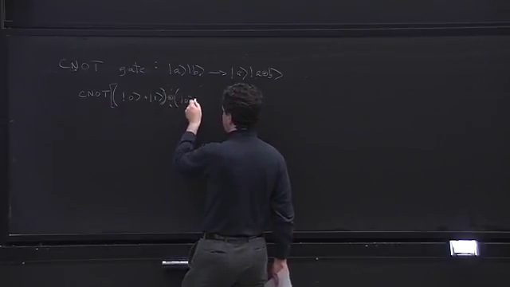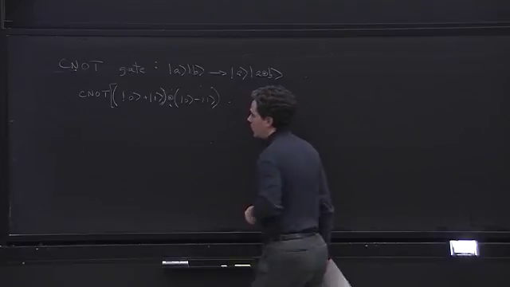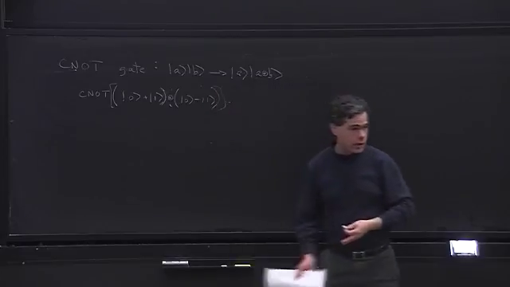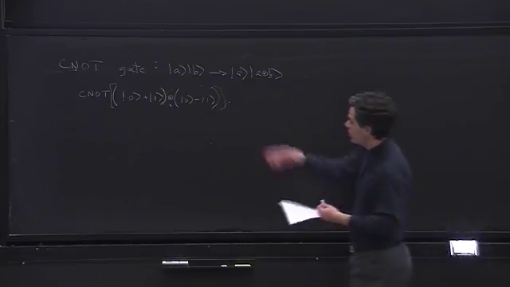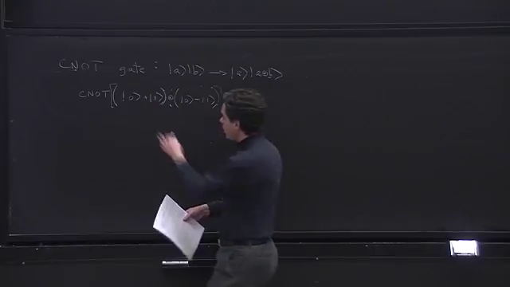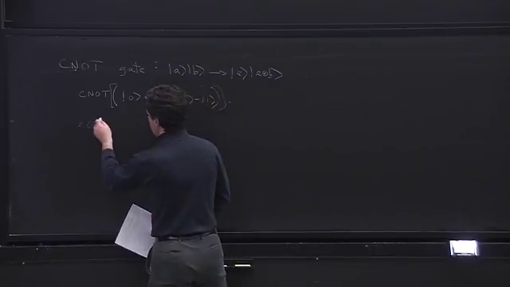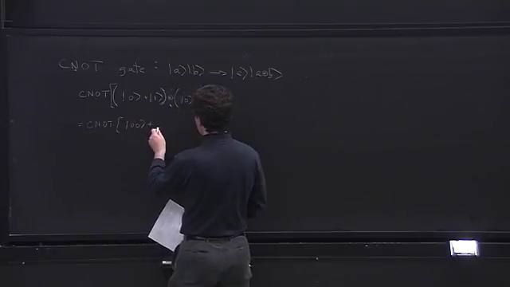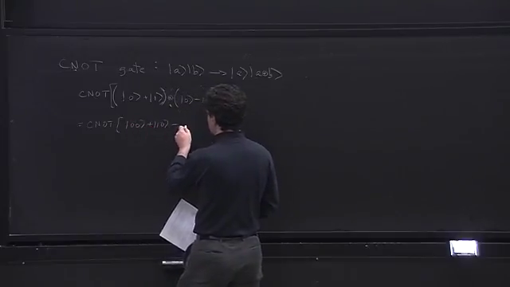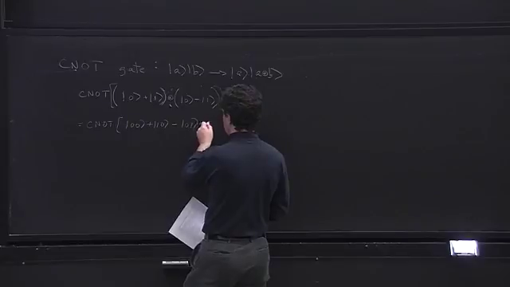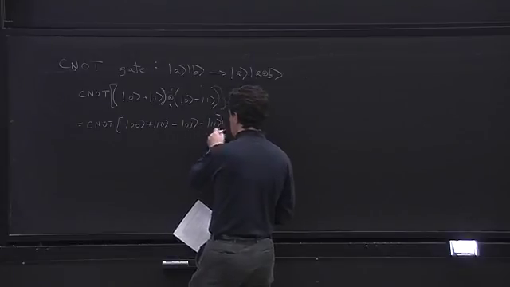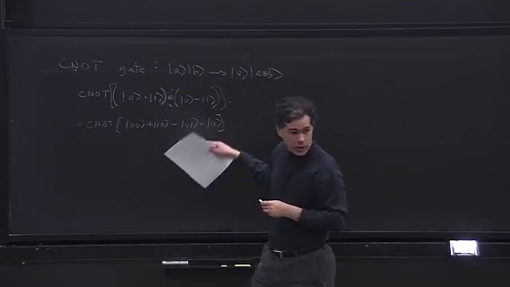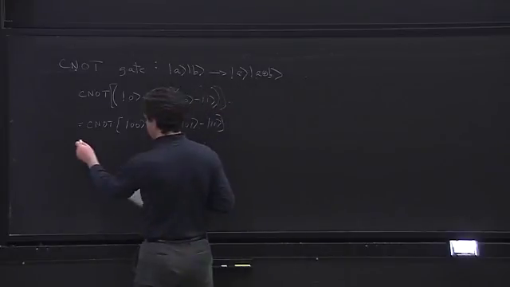tensor 0 minus 1. Okay, so let's calculate what happens if you do this. Well, we can expand this as 0, 0 plus 1, 0 minus 0, 1 minus 1, 1. Okay, and then we do C0 on each of these terms, keeping the same sign.